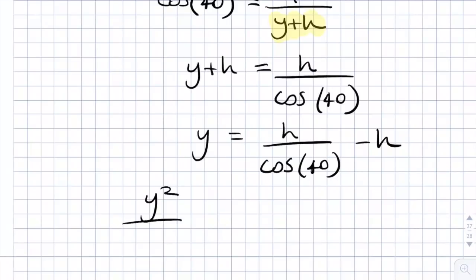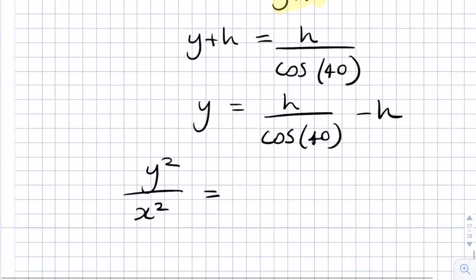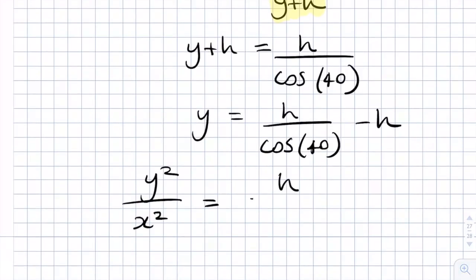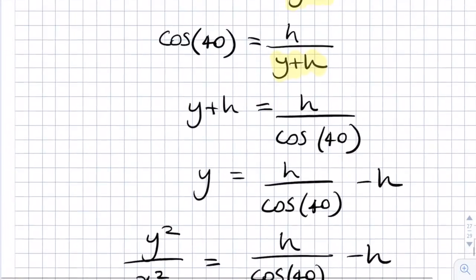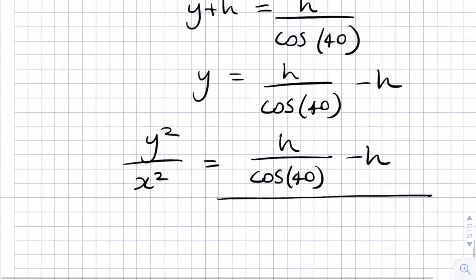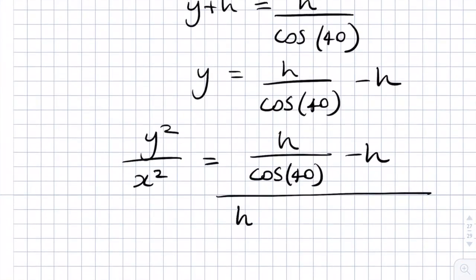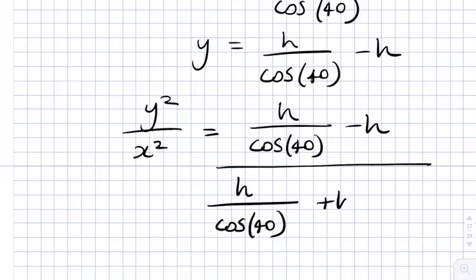So y squared over x squared equals y. Y is h over cos 40 minus h. Now that is all divided by y plus h, which is h over cos 40, then plus h.